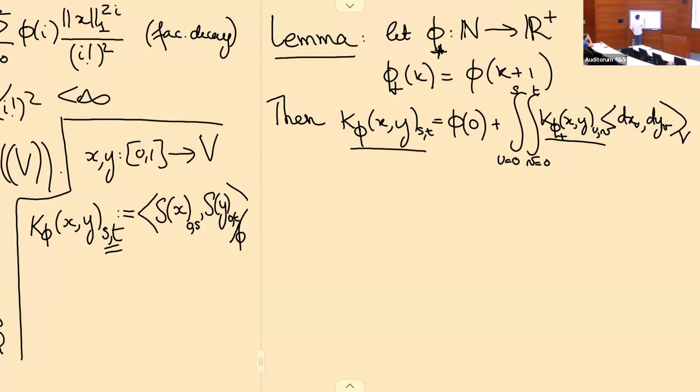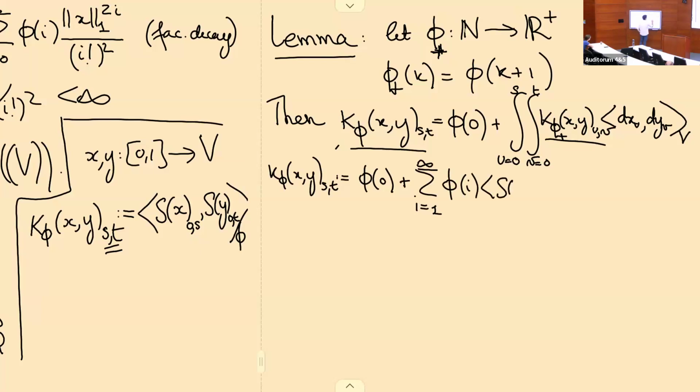It's a calculation, essentially. So k phi xy st by definition is what? It is phi 0 plus the sum i equals 1 to infinity of phi i times the signature of x at level i between 0 and s, and the signature of y at level i between 0 and t, in the tensor i.